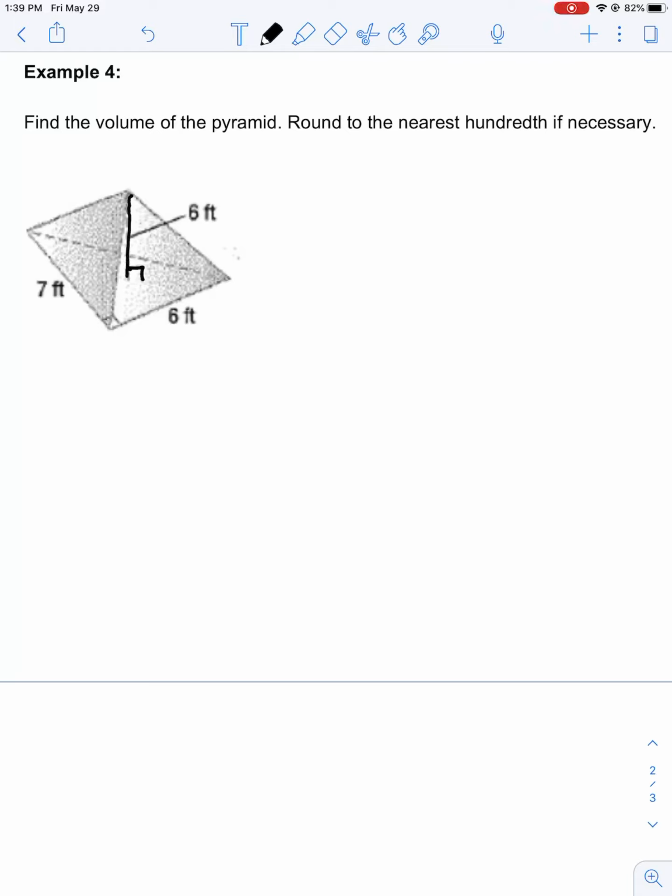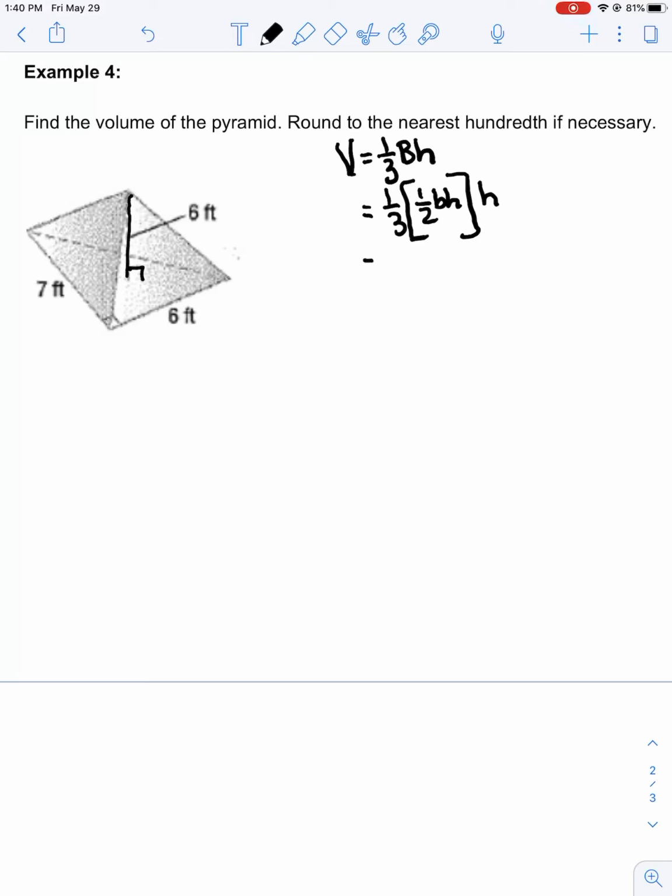So our volume equals 1/3 capital BH. So we have 1/3 times 1/2 base times height, and that's for the triangle. And then we have the height of the pyramid itself.